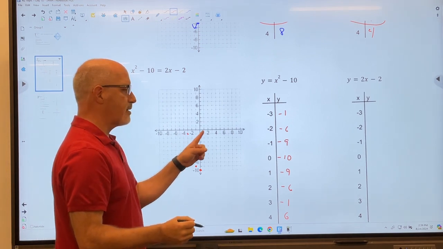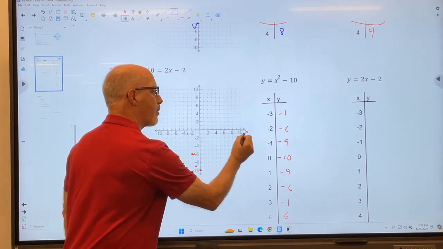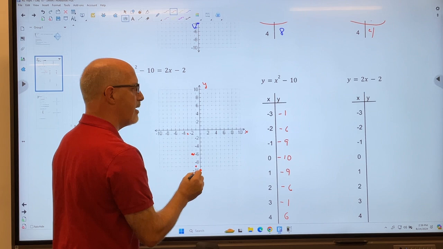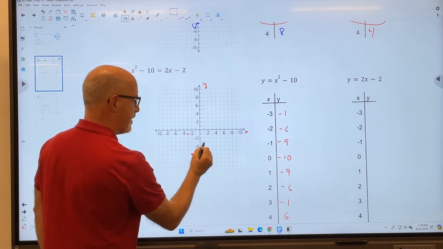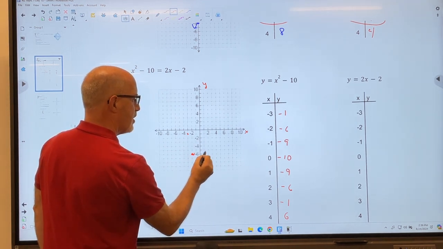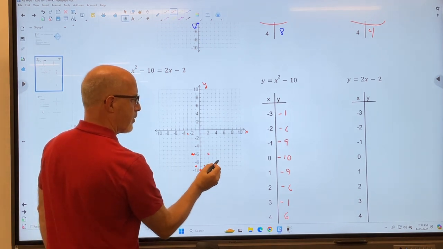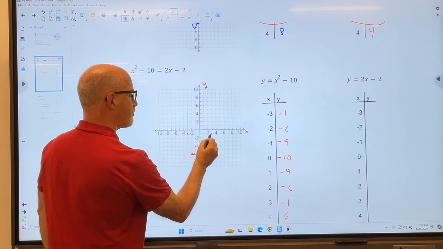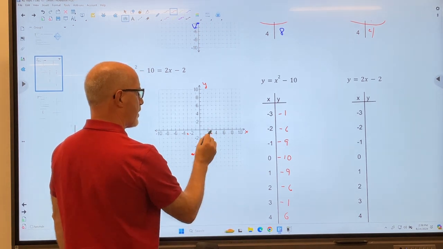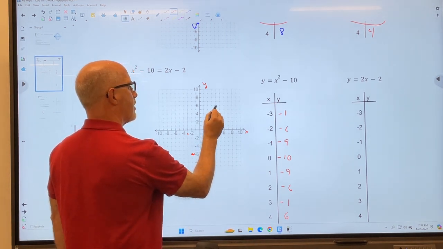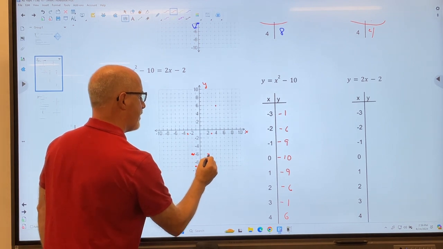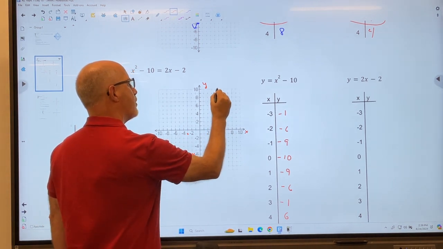So notice x and then y for our graph. Make sure you're precise about it. Then we're going to do 1, -9 for the mirror image. 2 will give me -6. 3 will give me -1. And then I'll add in the 4, goes up to 6 up here. So if you look at this graph, it looks like this through these points.